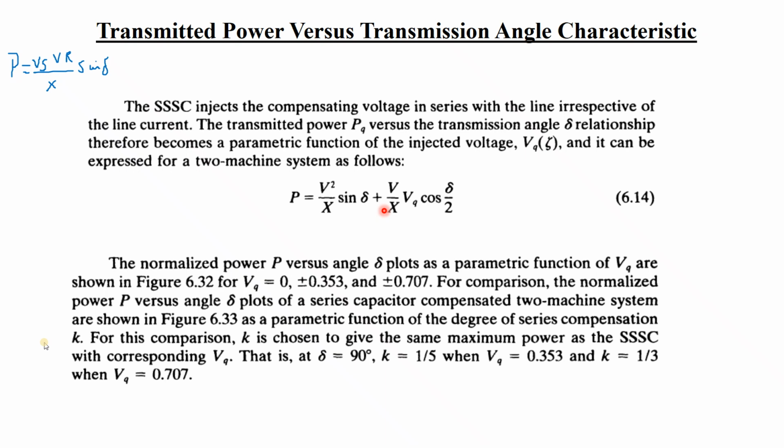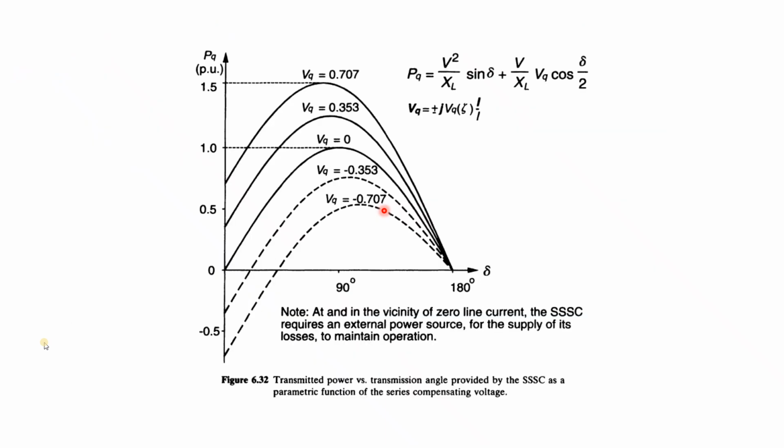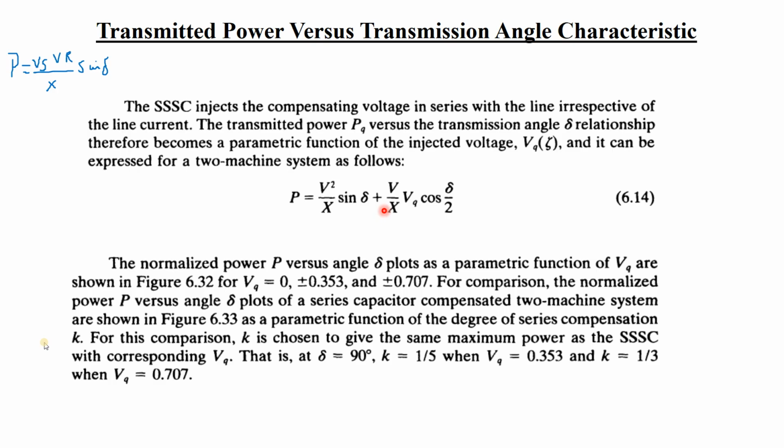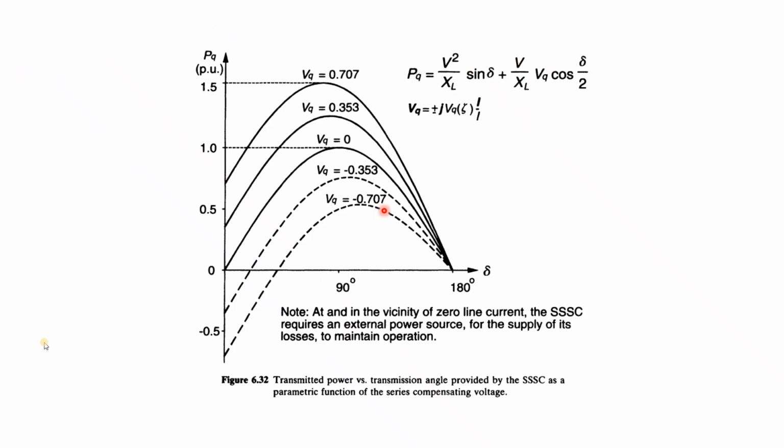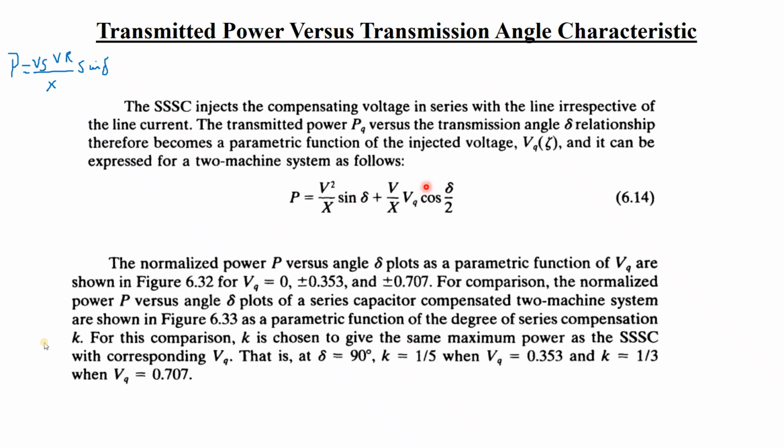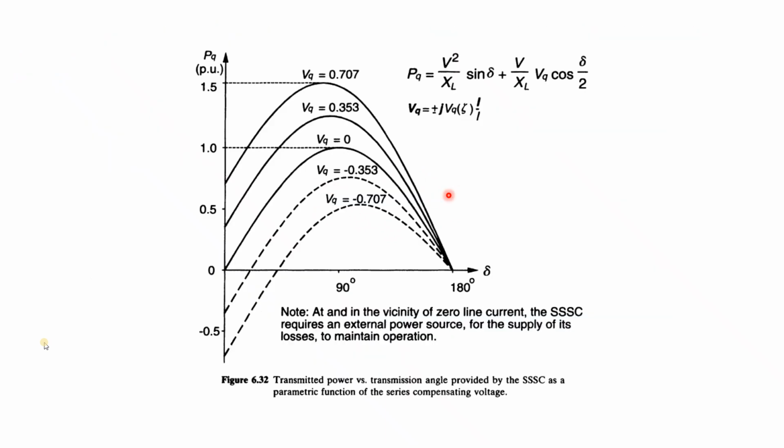So the normalized power versus power angle plots for a parametric equation are shown in this particular figure. You can see this is the figure. For this particular power equation where the SSSC is connected, if you plot the power with respect to the delta angle, we can get this particular graph.